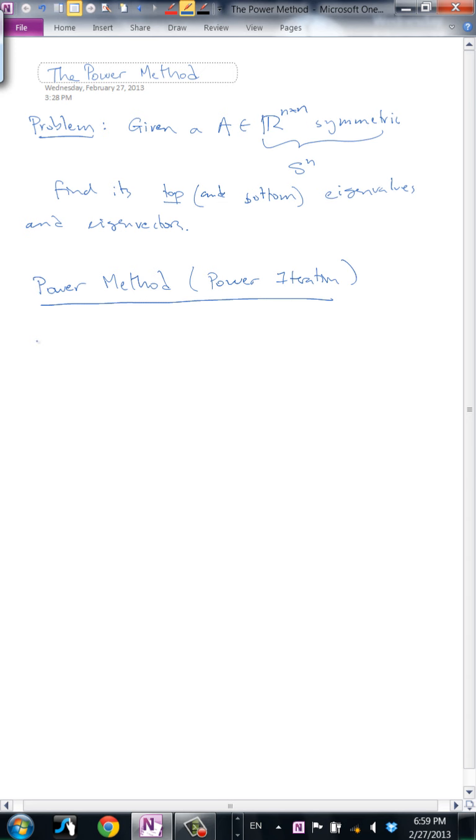The algorithm is extremely simple, and it just says the following. As input, we start with our matrix A, and also some arbitrary vector Q of 0, and this is typically randomly chosen.